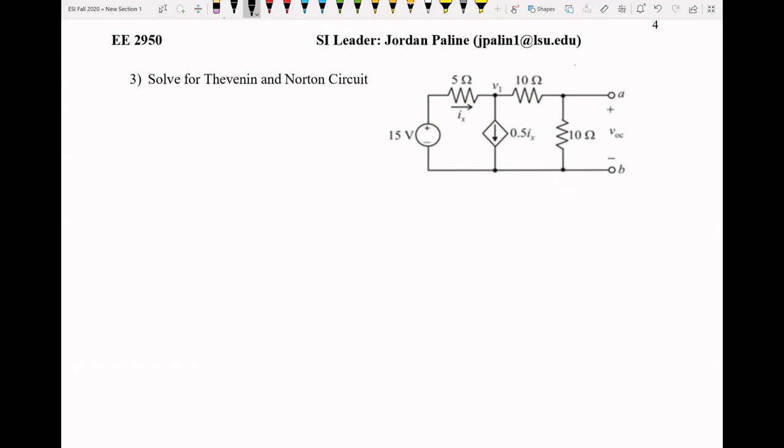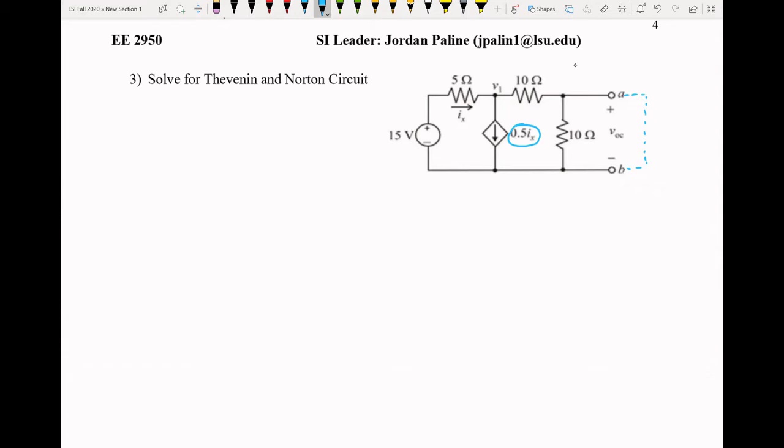Okay, so in general, we're still going to imagine that we have that imaginary wire out to the side here. But what we're going to do now is that we see the dependent source. It has to come with some sort of equation that's associated with it. So what does that source depend on?